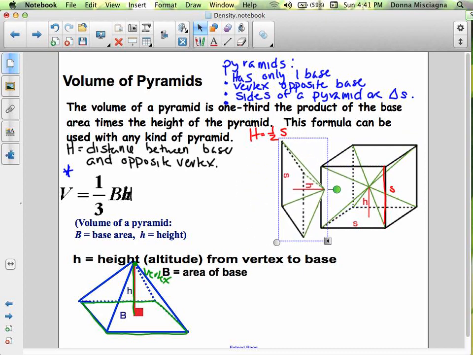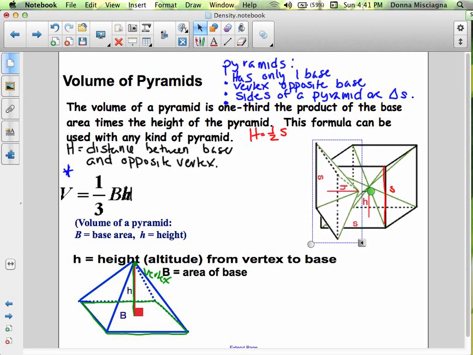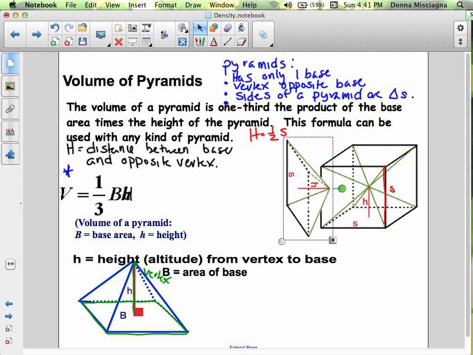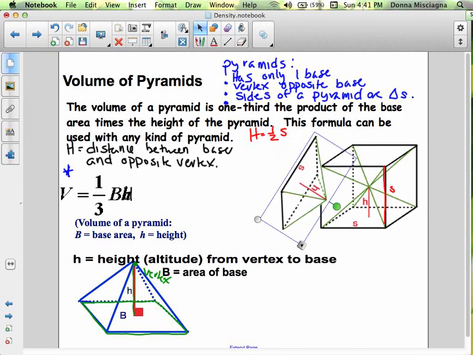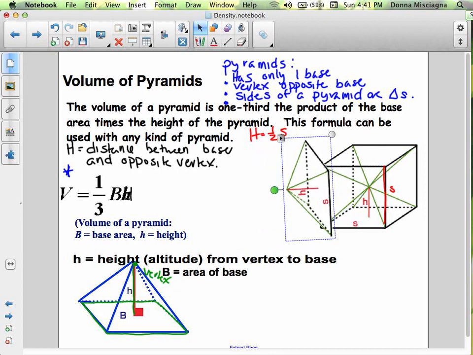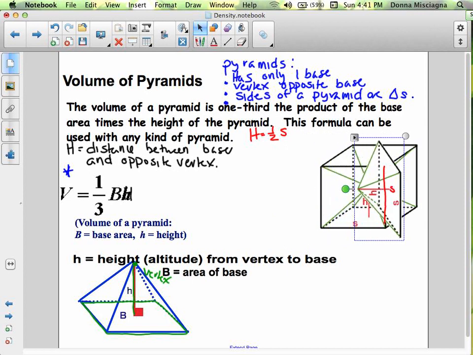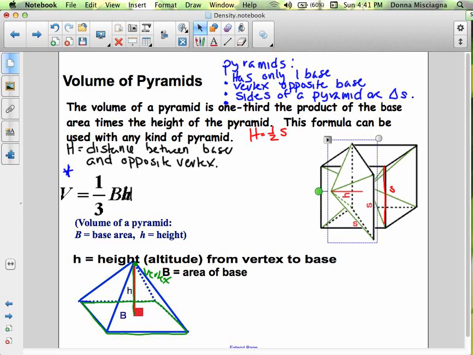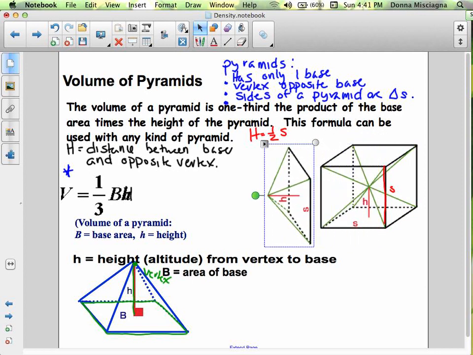It's not oriented exactly the right direction, but we could fit a pyramid on this side, and we can flip this around 180 degrees and fit a pyramid off to this side as well. If I could turn this, you'd see it fits in that little corner there.